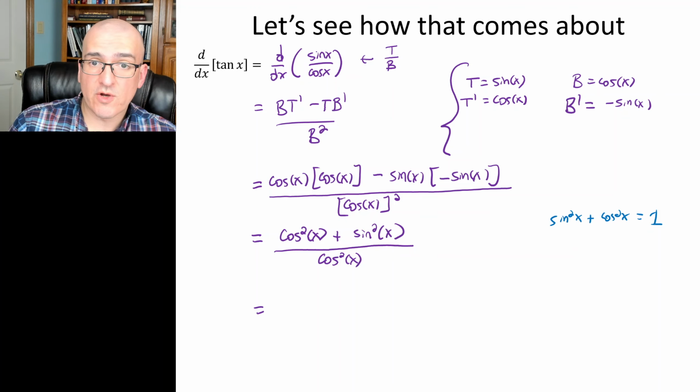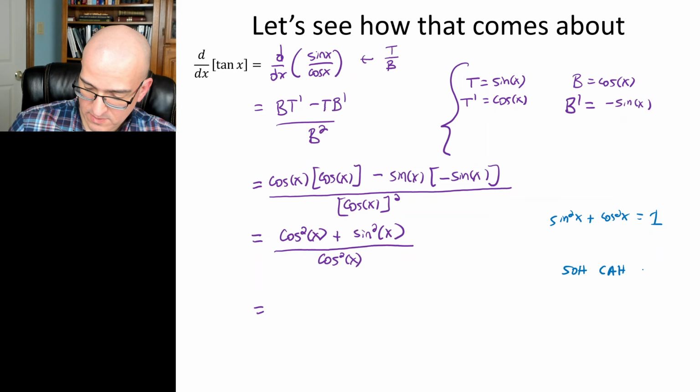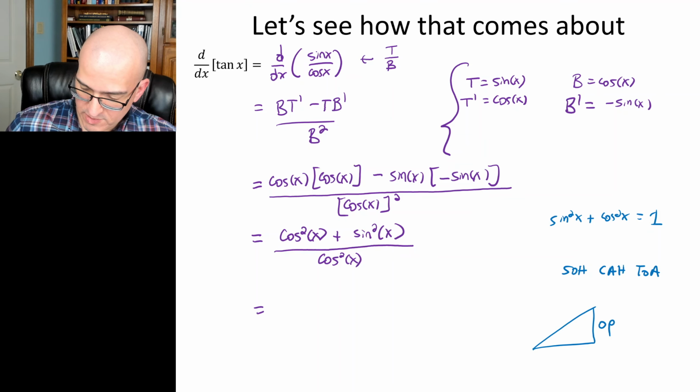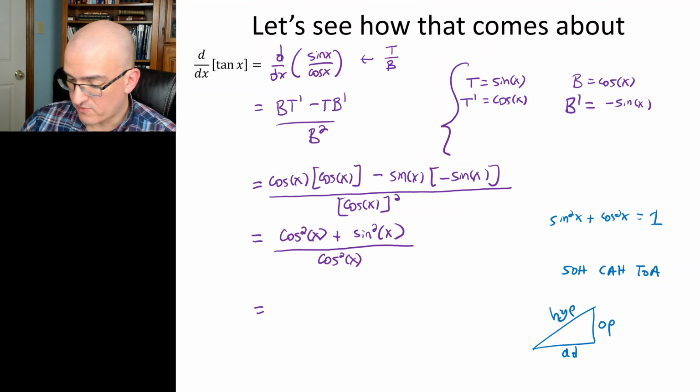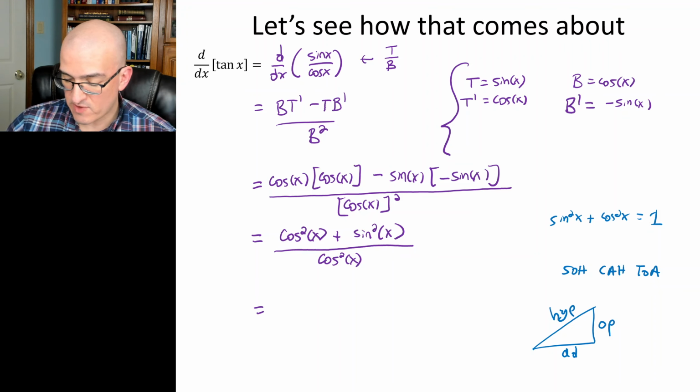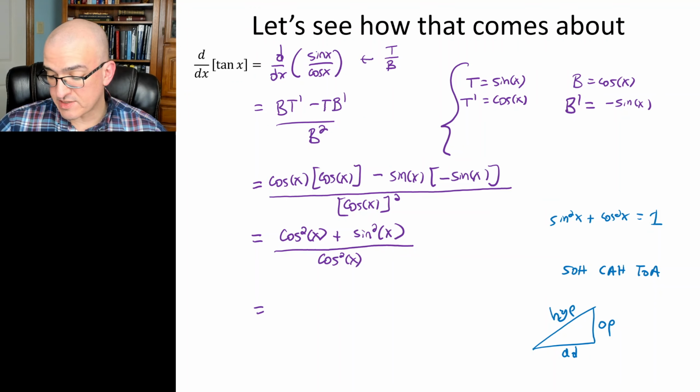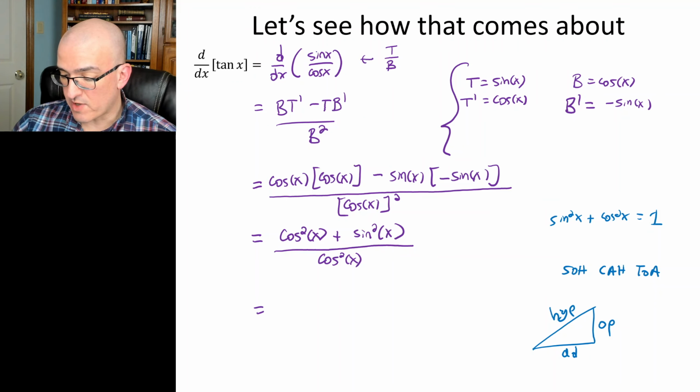If you take SOHCAHTOA, and you rewrite sine, opposite over hypotenuse, rewrite cos, adjacent over hypotenuse. Then sine squared is opposite squared over hypotenuse squared.